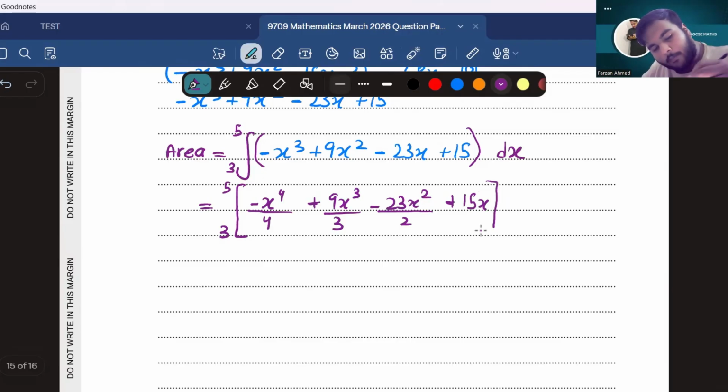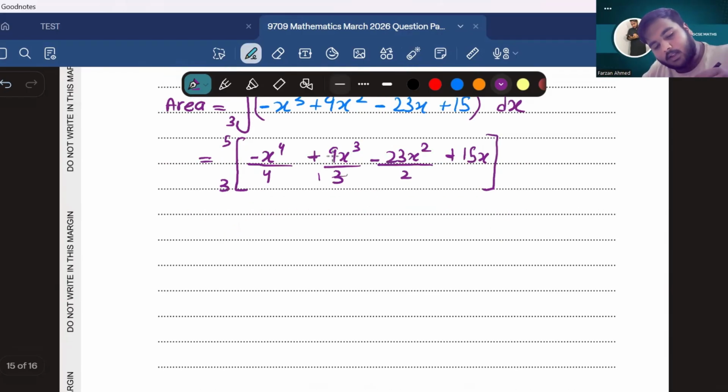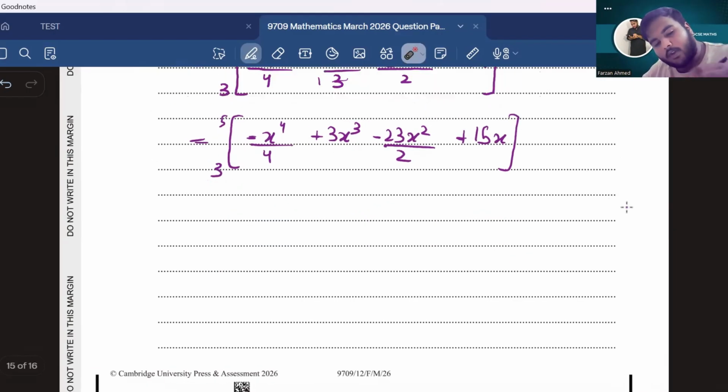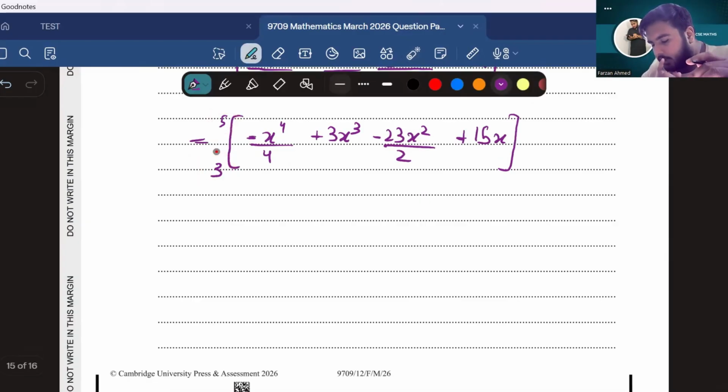Now, 3 ones are 3, 3 threes are 9. So this will be square bracket minus x raised to power 4 over 4 plus 3x cubed minus 23x squared over 2 plus 15x. Now we will apply these limits.